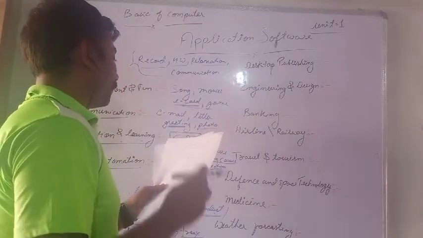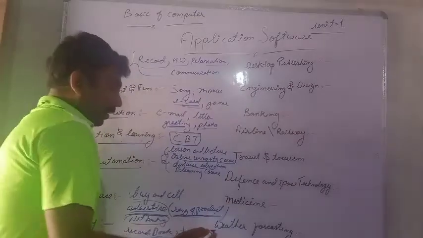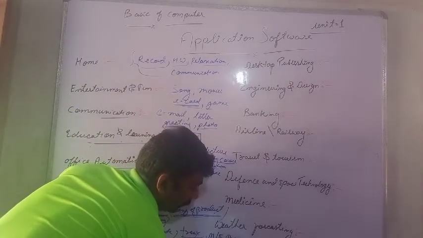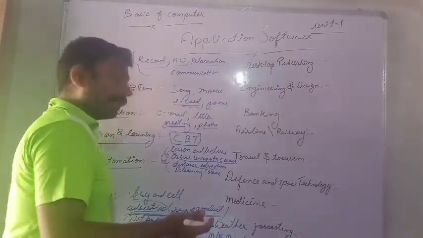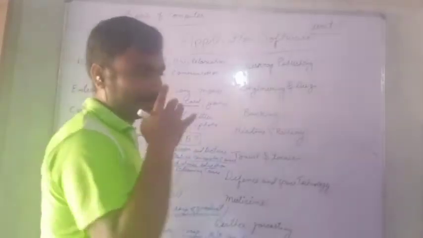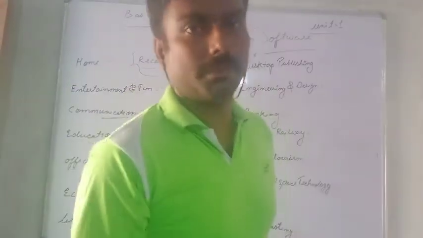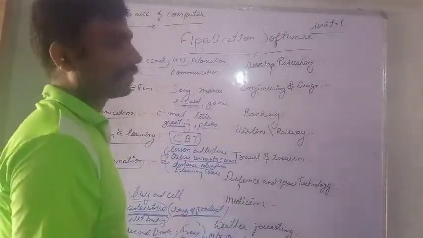Then after that, in the library, what else is there? Creating monthly and yearly records of the books and the material. And lastly, if anybody is paying a late fine for submitting a book late, that also comes under transactions.